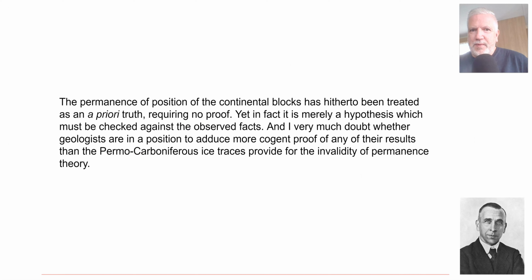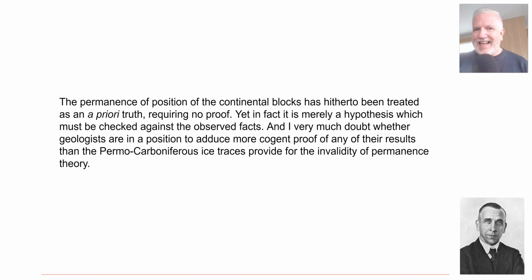The permanence of positioning of the continental blocks has hitherto been treated as an a priori truth requiring no proof. In other words, the previous theory that he was trying to displace, that the continents were fixed, was seen as something that was self-evidently true, that it didn't need to be proved. Wegener was questioning it.